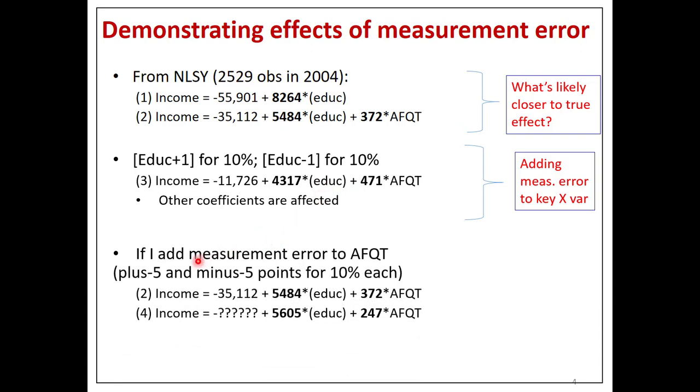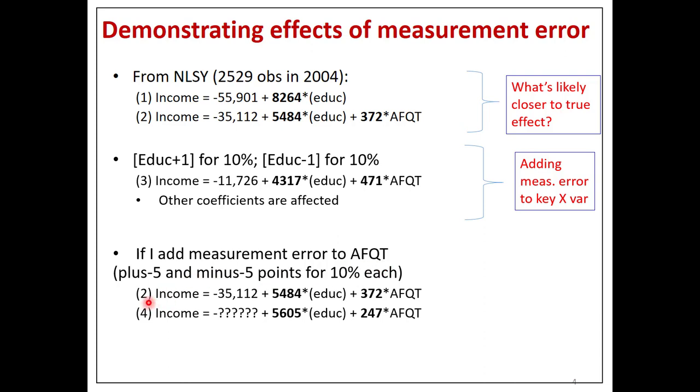Okay, now let's add measurement error to the control variable of the AFQT score. So again, for about 10% of the sample, I added 5 points, and for another randomly selected 10% of the sample, I subtracted 5 points from the AFQT score. AFQT score is measured on a 0 to 99 scale.